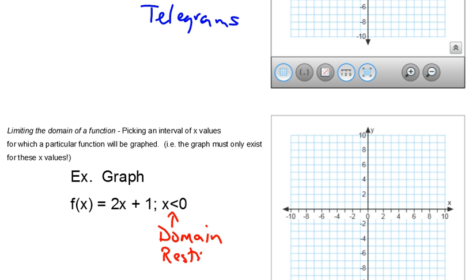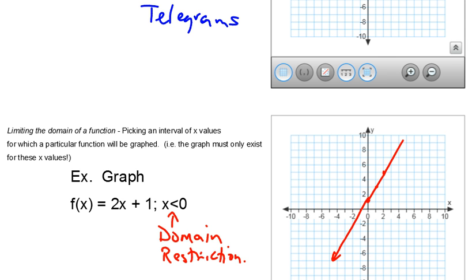Well, what that means is, if I go to graph this, I know that this is y equals mx plus b form, so I know my y-intercept would be 1, or (0, 1), and my slope says go up 2 and to the right 1. Up 2 and right 1, right? And if I drew that line, it would look like this.